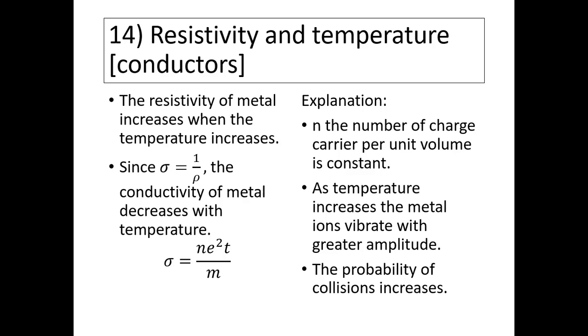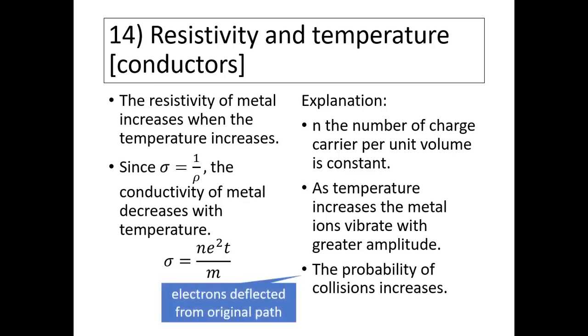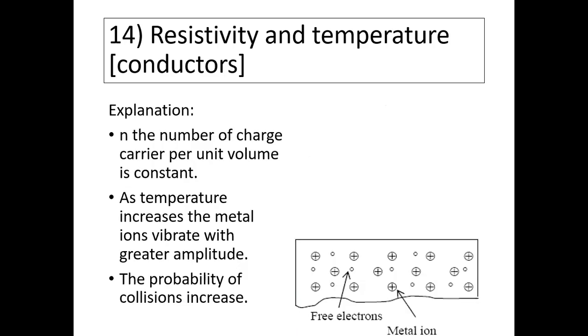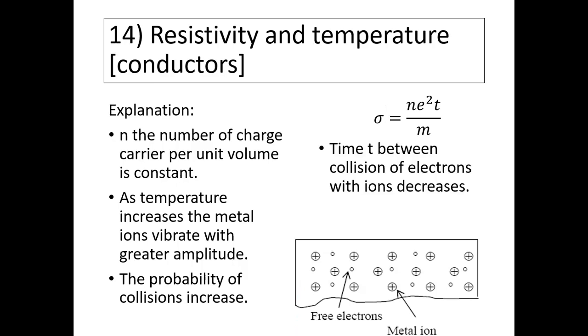Now it's vibrating with larger amplitude, so there is more likelihood of collision and then being dispersed or deflected. Right? Electrons will be deflected or dispersed. Right? So we are going to use this formula, where tau is the time between collisions of electrons and positive ions.